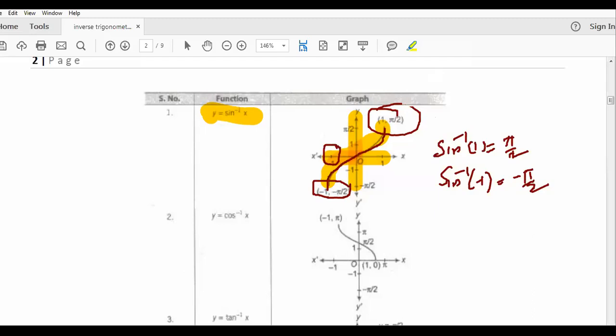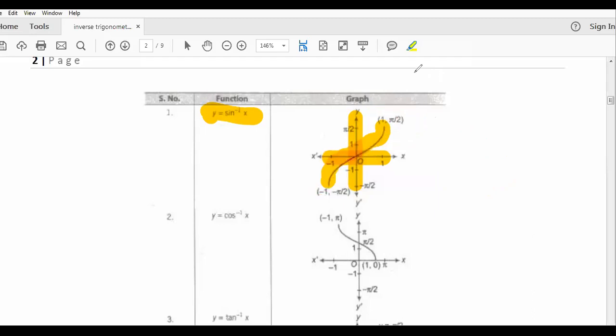Okay, now we come to the next one. The next function is cos inverse x. Now for the cos inverse x function, what is the domain?